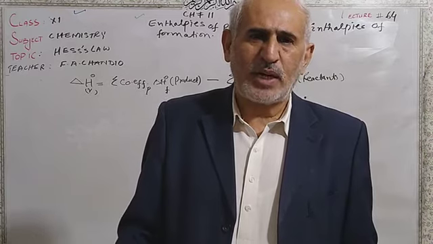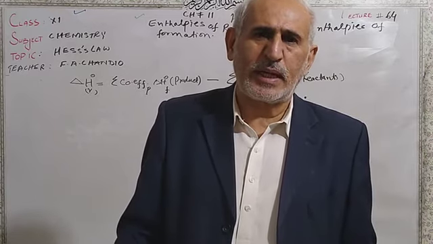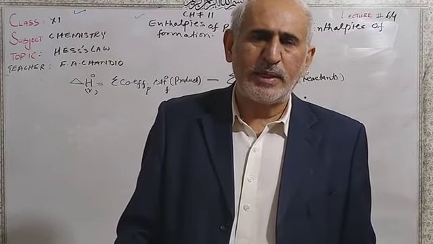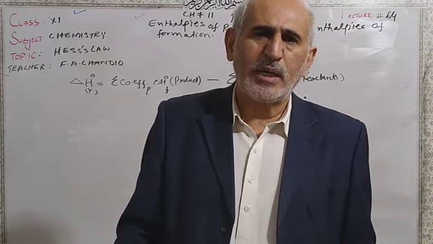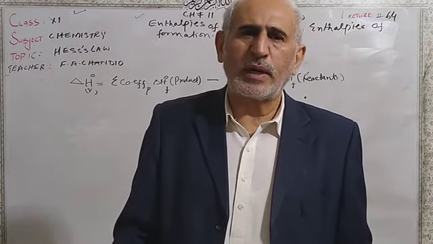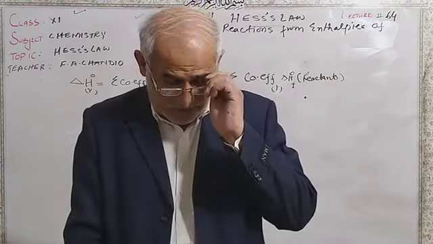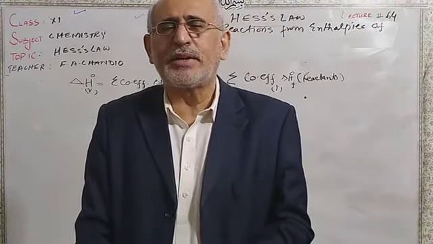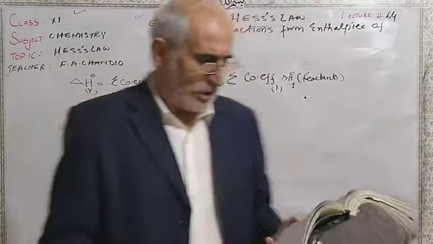Oxygen gas, nitrogen gas, hydrogen gas, elements like iron, copper, any elemental form or molecular gases, they have the value 0. The standard enthalpy of formation of the elements written in the book is going to be 0.